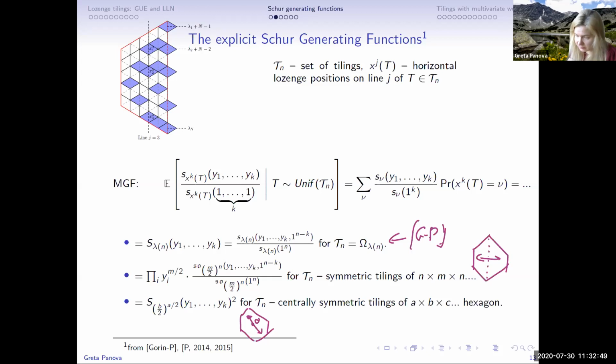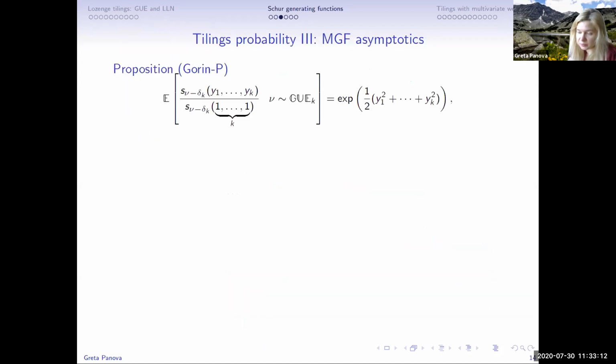Okay, so why do we have this formula? So the first one I explained quickly. The other two are a little bit more interesting combinatorially and algebraically. But the point for us in this case is that we can do some asymptotics.